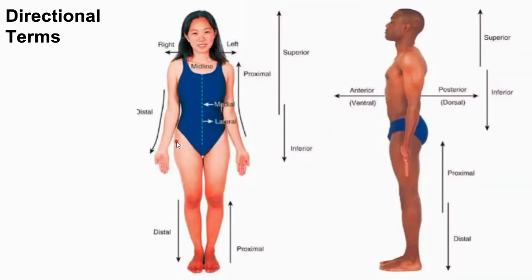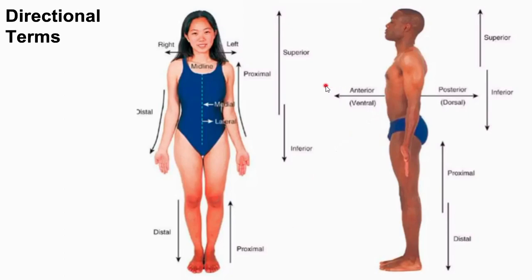These diagrams are just to illustrate what we are talking about. Here we have right or left, which is lateral. We have the midline in between there, which is the medial. We have proximal, which is going towards, and distal, which is going away. We have the superior, the region above, and the inferior, the region below.